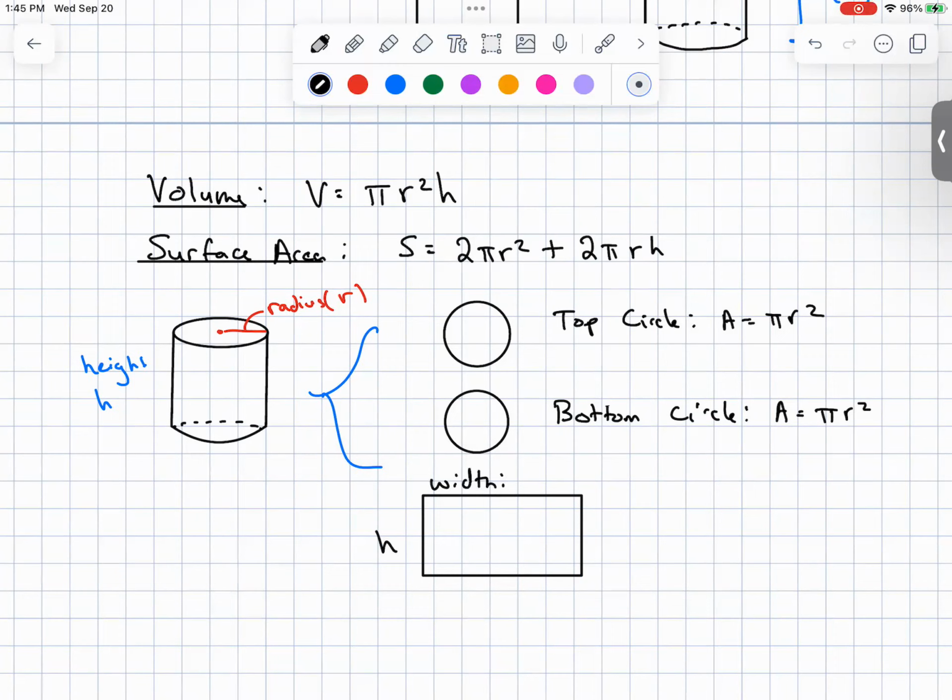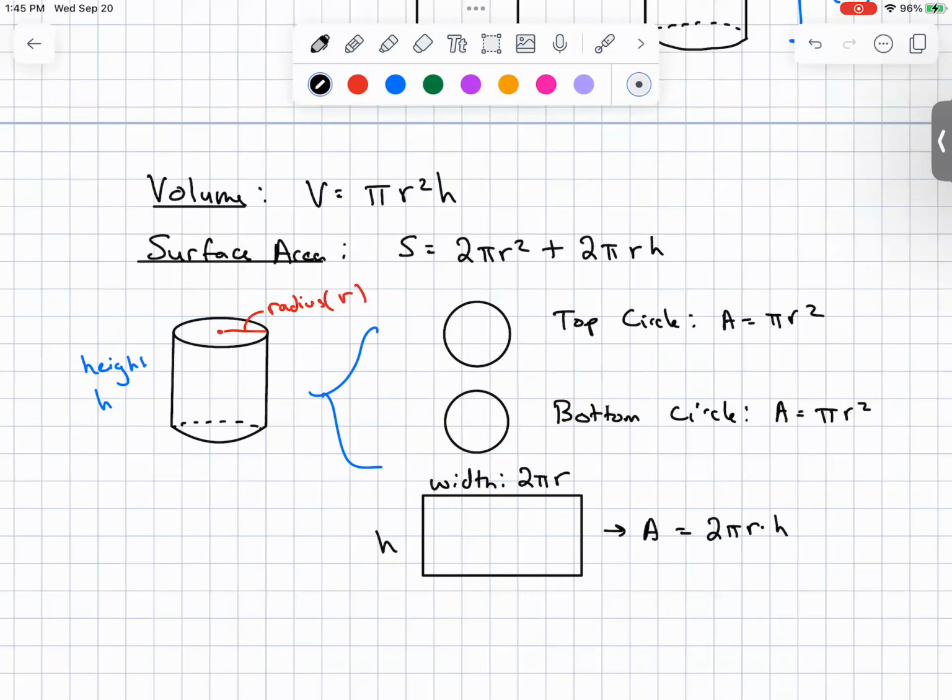Remember, this thing was created by being on the outskirts of a circle. So when I unravel it, the width is actually the circumference of that circle. So the width is 2 pi R. And hence the area is length times width, or height in this case. So 2 pi R times H. And that's where it's coming from.